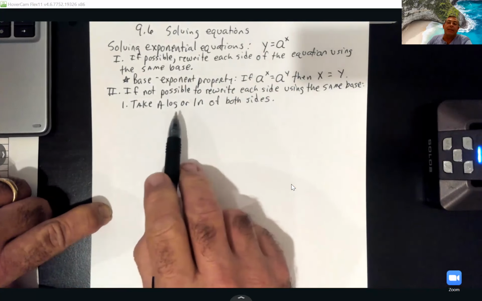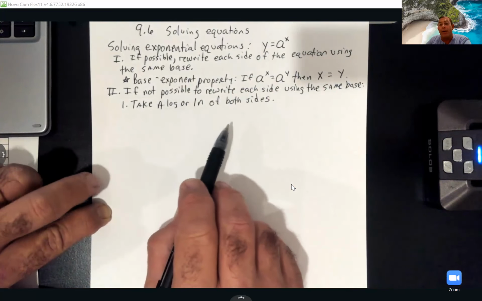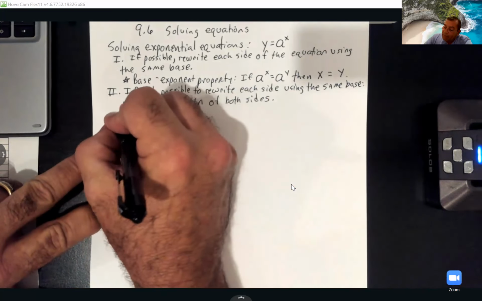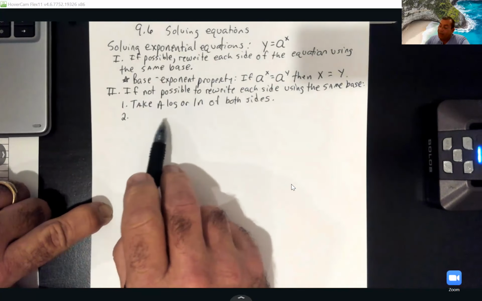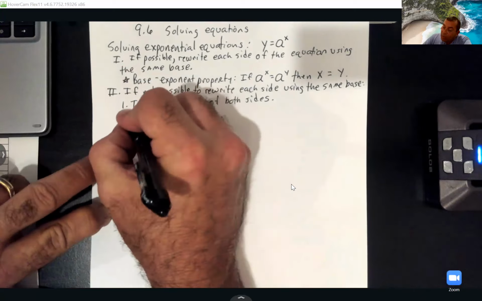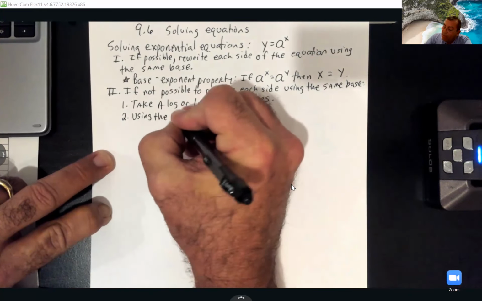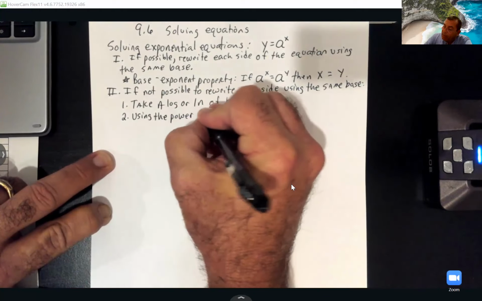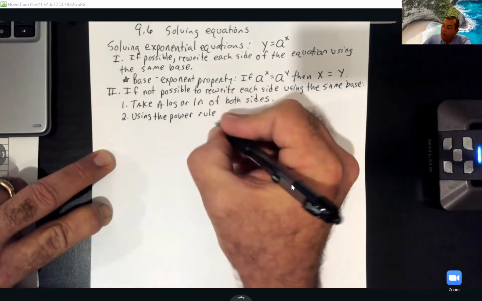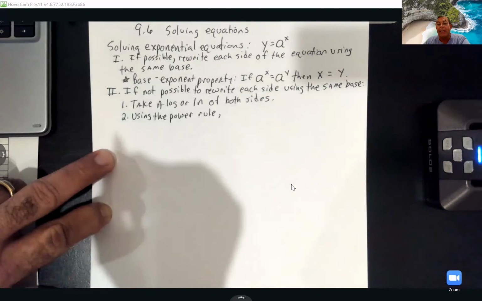So what that means, if I take the log of one side of an equation, I got to take the log of the other side. All right, after I take that log or ln, I can then use the power rule. So using the power rule, bring the exponents down and rewrite as a product.